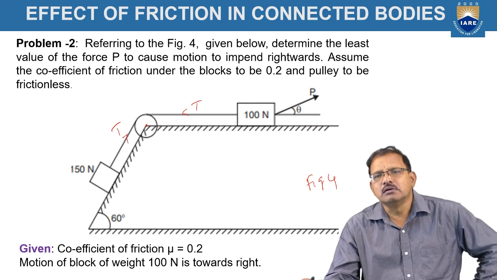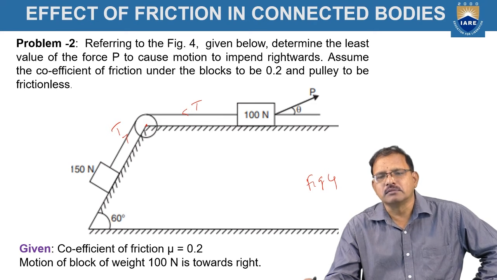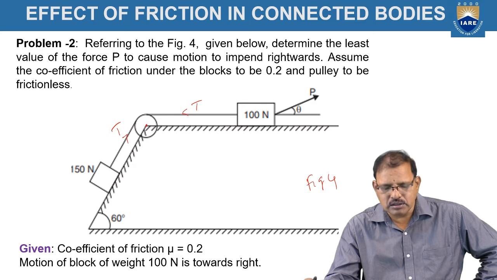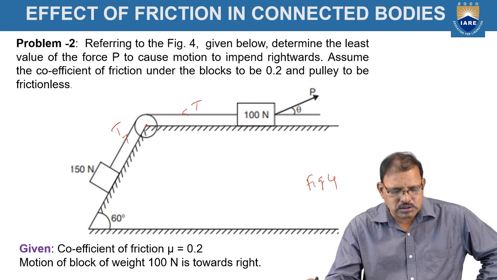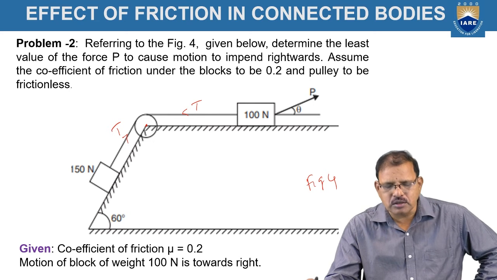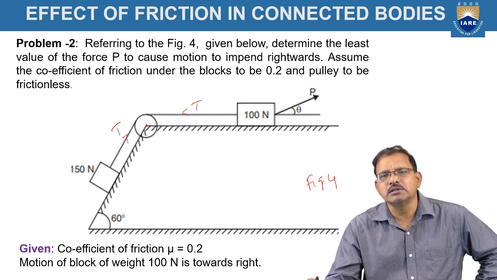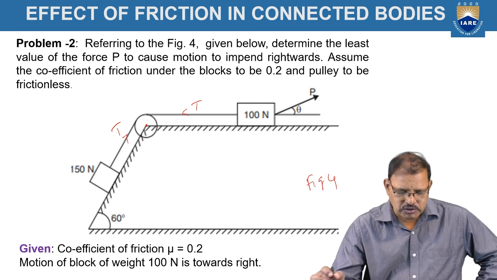Now, we are drawing a free body diagram for the two bodies separately to determine the least force that is required to move these two bodies, 150 newtons and 100 newtons, toward the right side. The given data is the coefficient of friction between the bodies and contact surfaces, which may be inclined as well as horizontal.